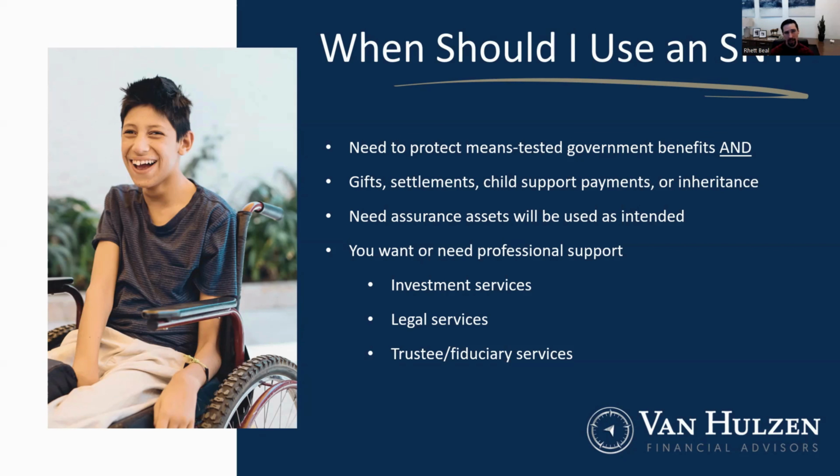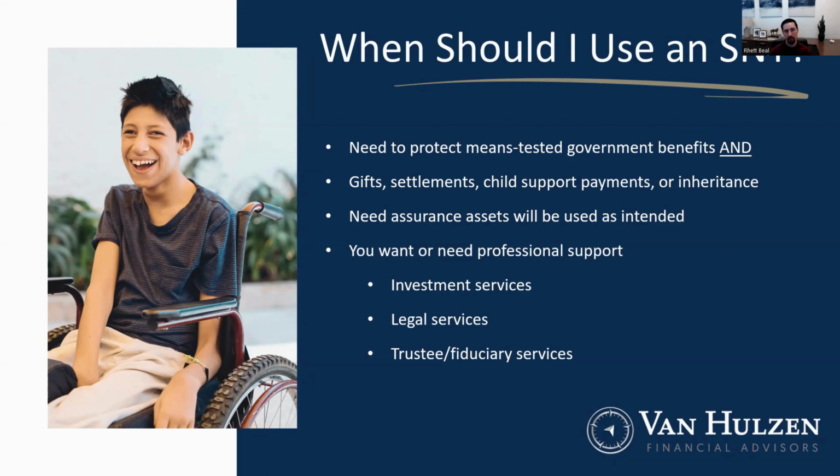And like I said just a few moments ago, you can hire professional support. You can't do that with ABLE accounts, and often professional support is really valuable, whether it be helping with the investments and the financial planning to make sure that the money inside the trust is going to last for the individual's lifetime.